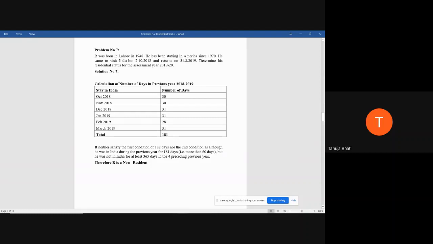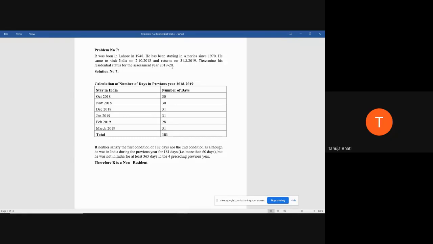He came to visit India on 2nd October 2018, and returns on 31st March 2019. Determine his residential status for the assessment year 2019-20. Initially, I've just taken simple problems so that we don't start with a tougher problem.